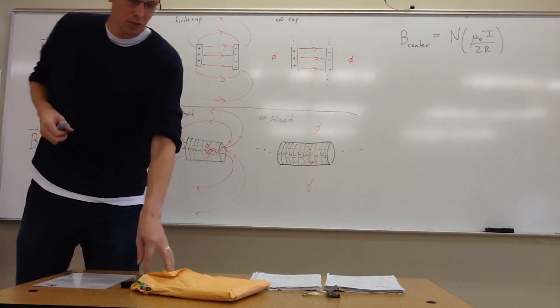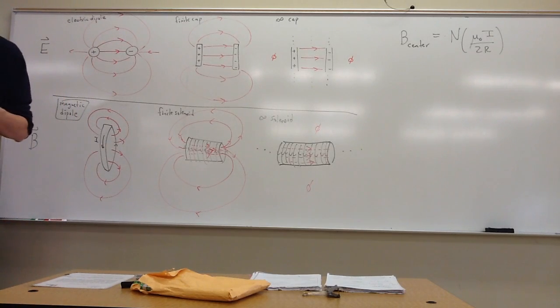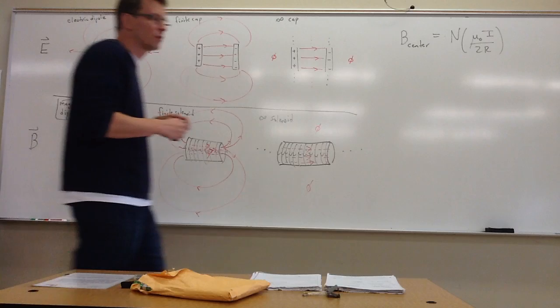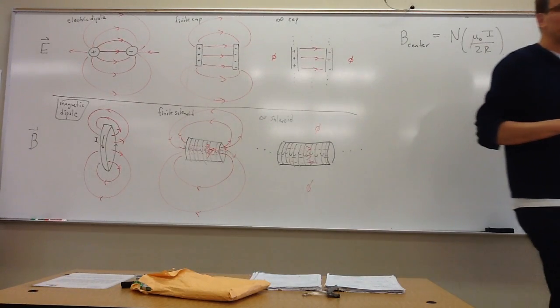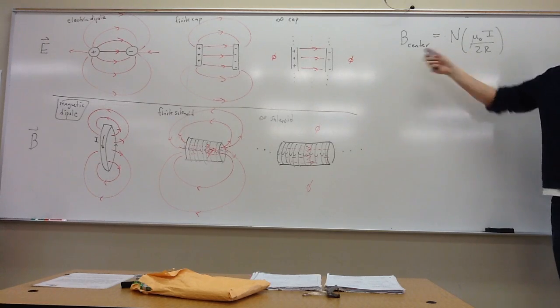And I said, don't use it if the number of loops gets very large to where you can't imagine them all being completely in the same place. But you can see that that formula is not going to work when we extend it out to a tube. If we make n equals infinity, because we have an infinitely long tube, that's going to blow up.